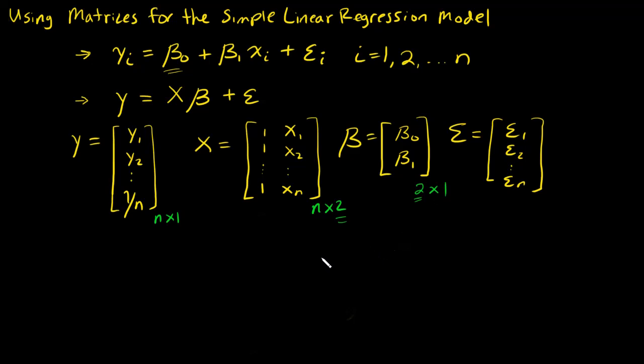When you multiply X times beta, the 2's cancel and you're left with an n by 1, and epsilon is also n by 1. All right, so there you have it. This is our simple linear regression model using matrices.